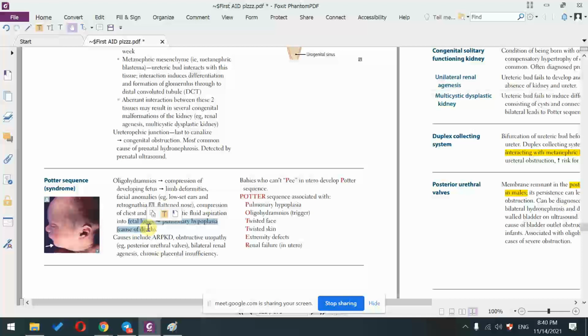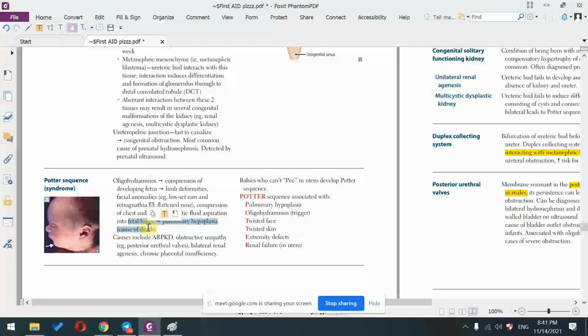You have bifurcation before entering the metanephric blastema, creating a Y-shaped bifid ureter, which has like two heads. So this tail of the Y is like this. So this goes to the metanephric mesenchyme or blastema, which is the same thing, and these are the two ureters. That's what it means by Y-shape.